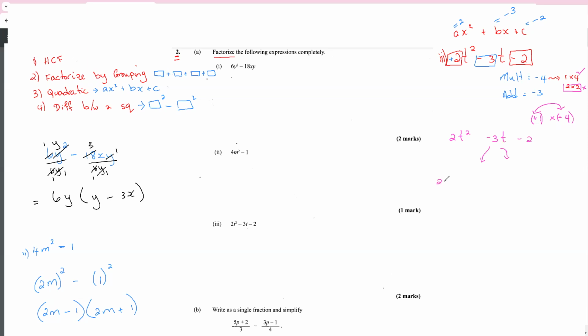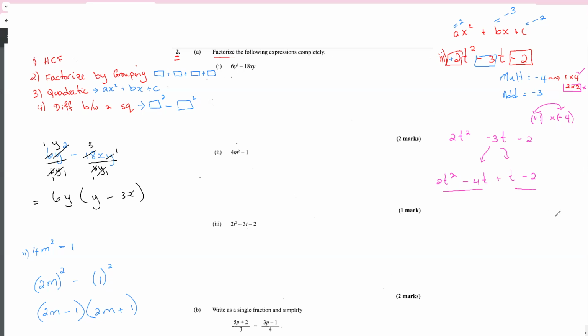So first one stays as is, second one we break it up. It doesn't matter which one, right? So I have 1 and -4. I don't have to put the 1 because it's understood. It doesn't matter. I could have put the 1t first and then -4.